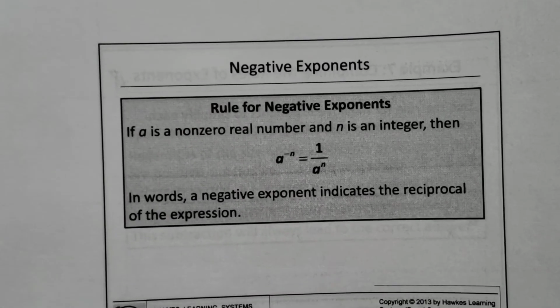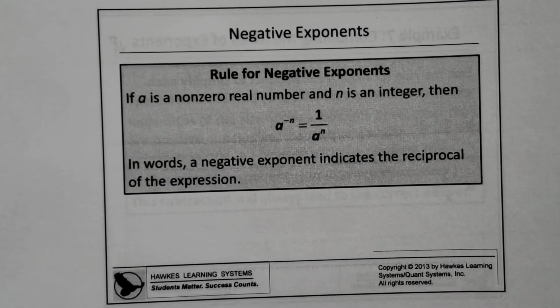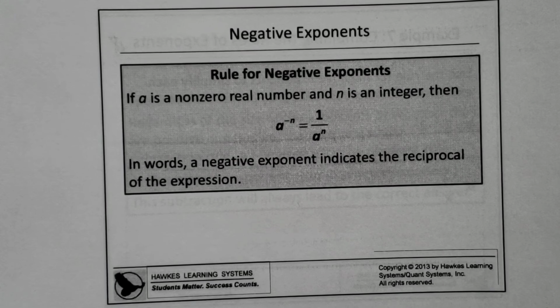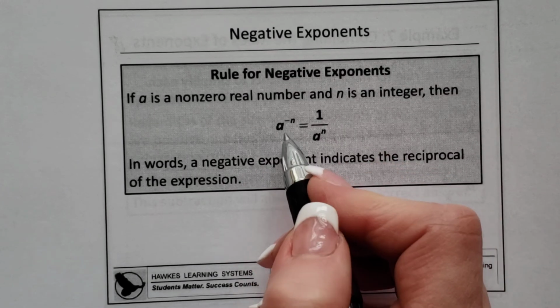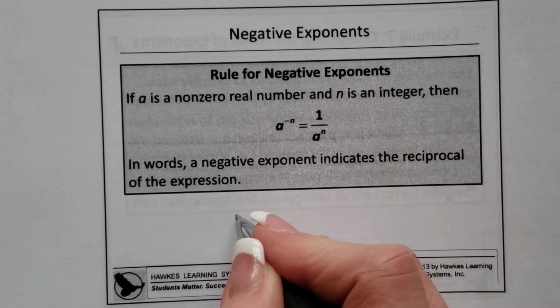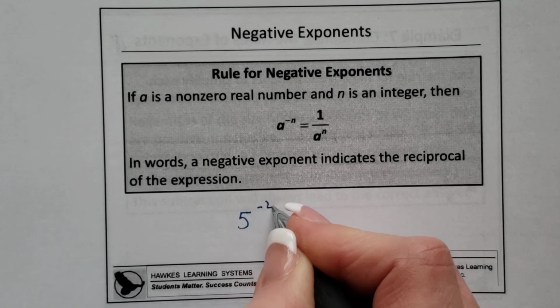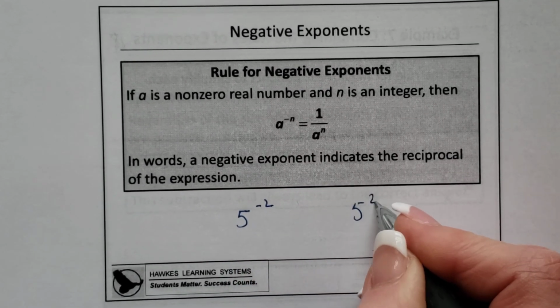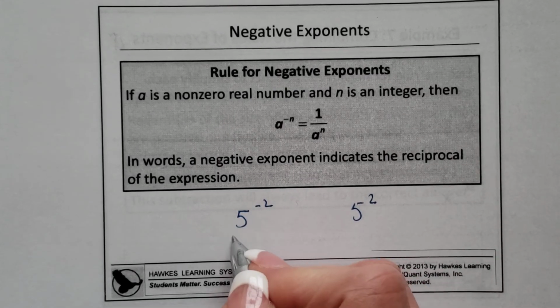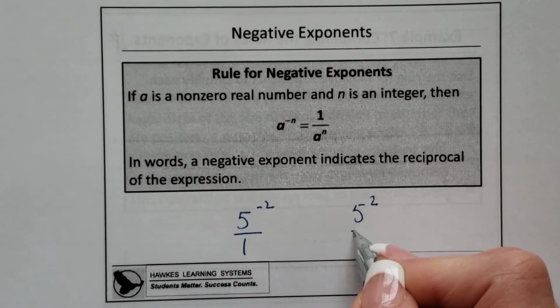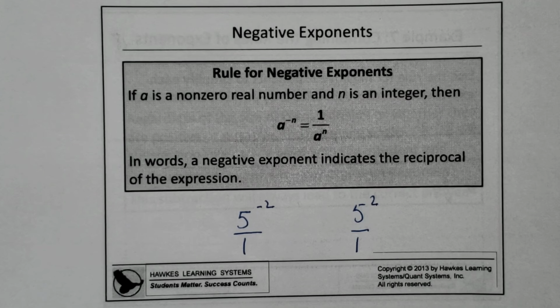All right, so now we're going to see that sometimes we end up with negative exponents. So basically, if I wrote 5 to anything, whether it's a positive exponent or a negative exponent, we can all agree that that is sitting in our numerator position, right? Any whole numbers or any variables can be written over 1 always.